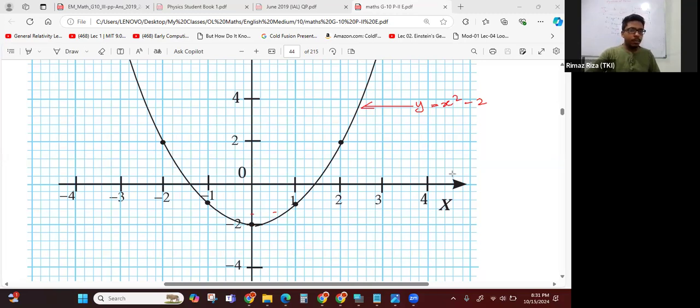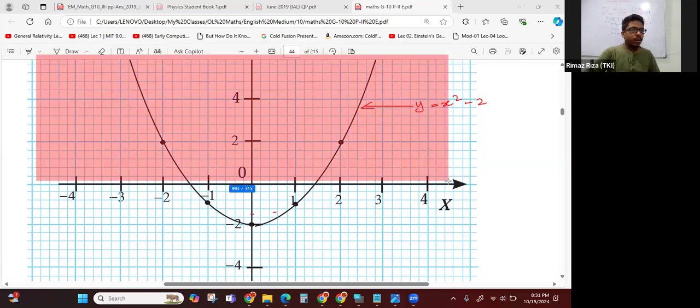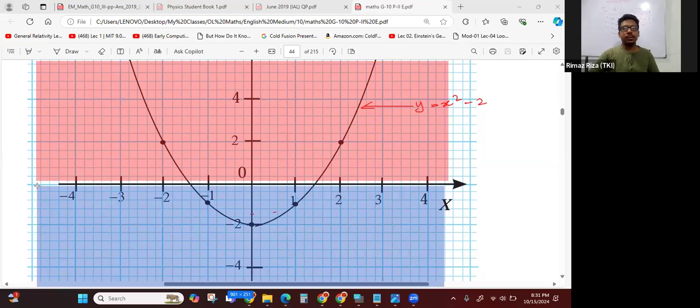Here above the x-axis, which I have marked in red color, all points have a positive value. But below the x-axis, it has a negative value, right?